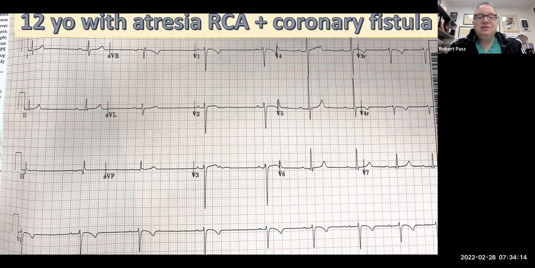Some people have posited that when we do a slow pathway modification, we're burning in the lowest third of Koch's triangle, and some people have wondered if we are in fact knocking off little distal branches of the right coronary that supply the slow pathway, and that's how it works. I don't think that's true, but it is an interesting theory.